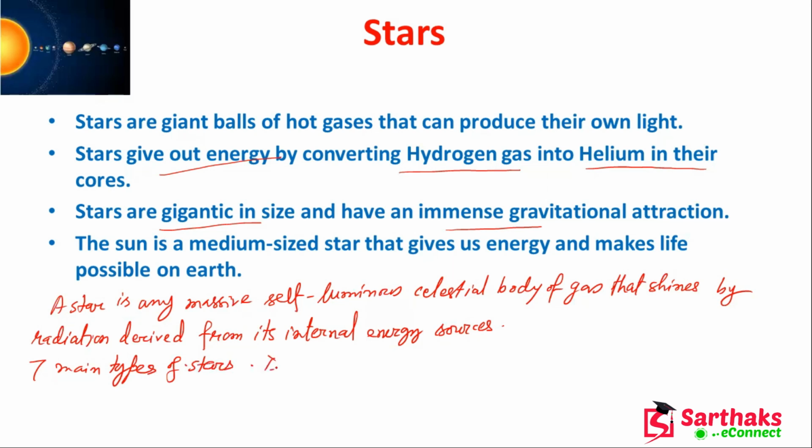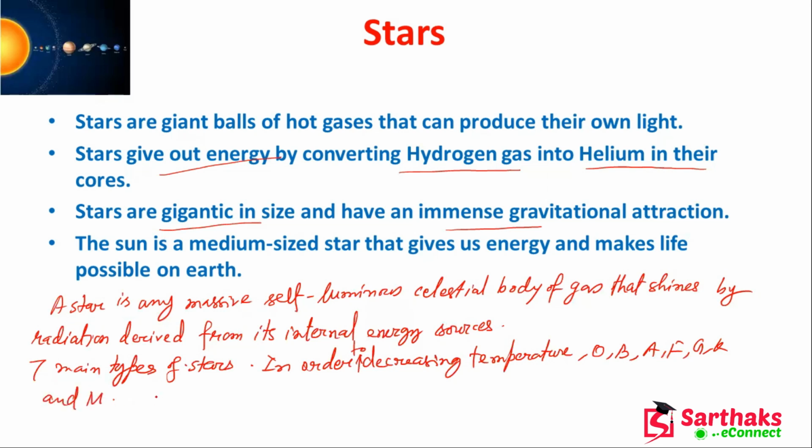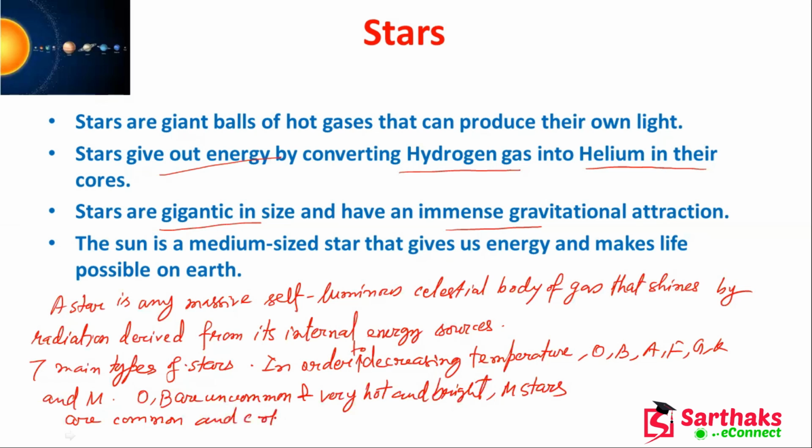In order of decreasing temperature, we have O, B, A, F, G, K, and M. O and B are uncommon and very hot and bright. M stars are common, cooler and dim.